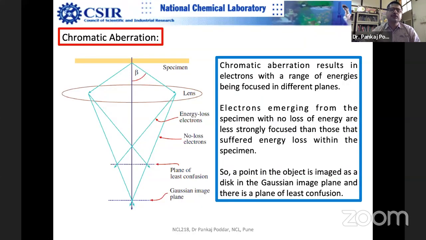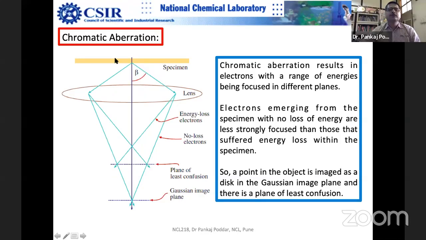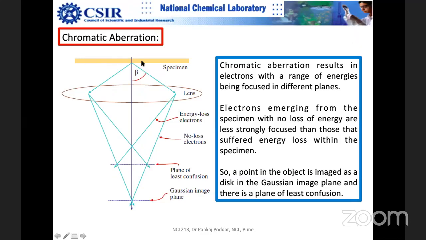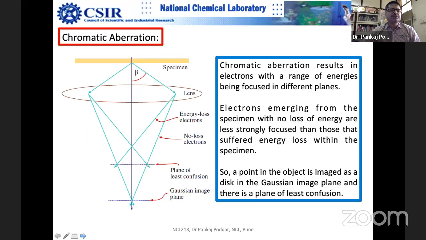We have already learned in the lecture where we discussed inelastic processes. We are not considering the aberration from the source. Suppose the source has been fixed, how can the sample contribute to the chromatic aberration? That's what we are considering here.